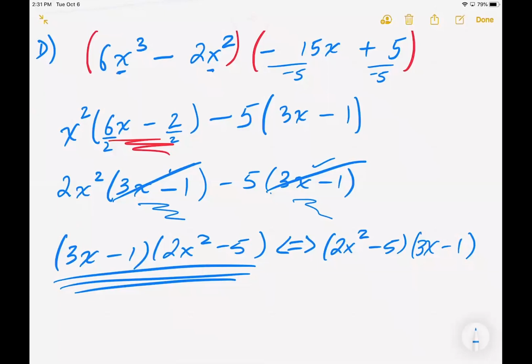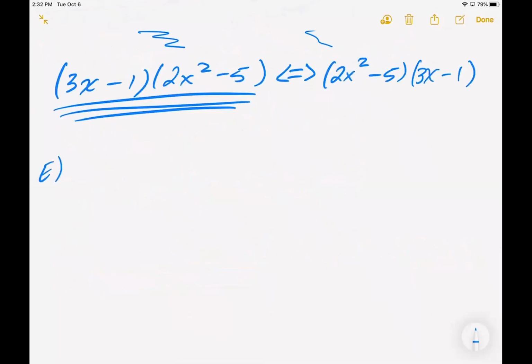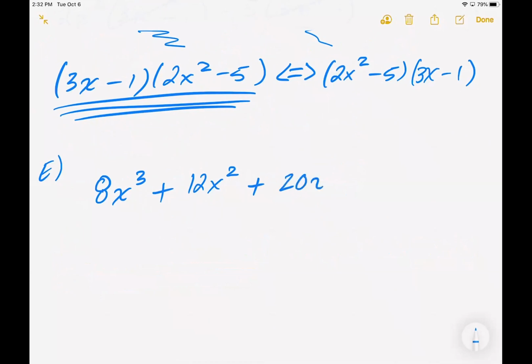Try another one. Let me ask you guys another one, and let's say E. And let's do 4x to the third plus 8x squared plus 12x plus 27. No, I don't want 20, sorry, 20 will not work.